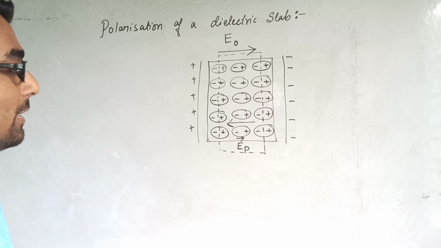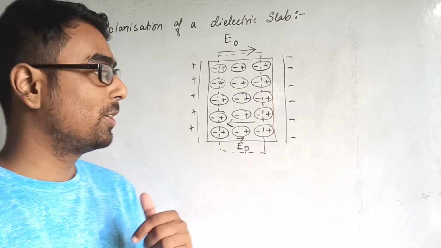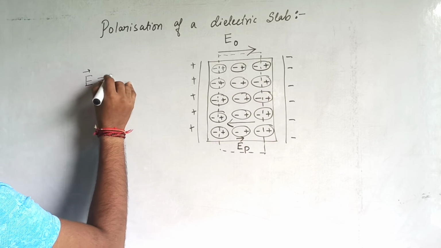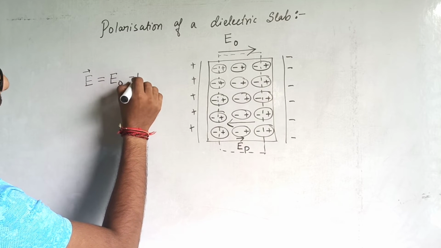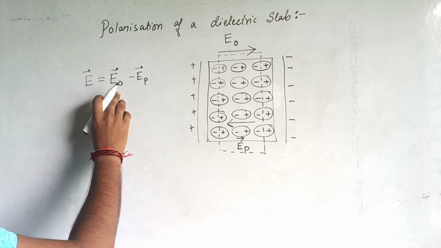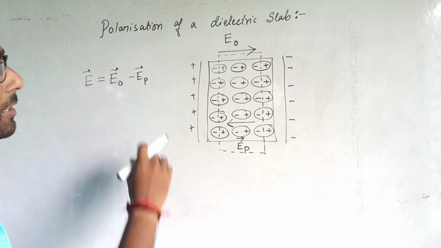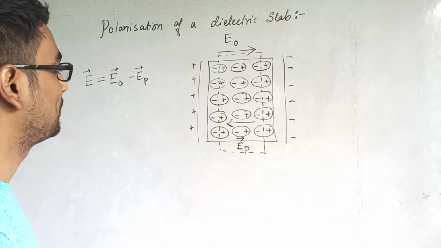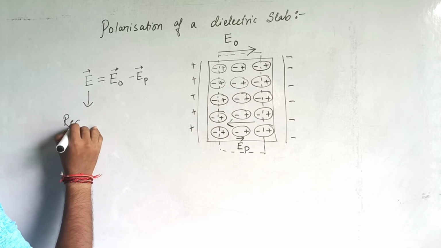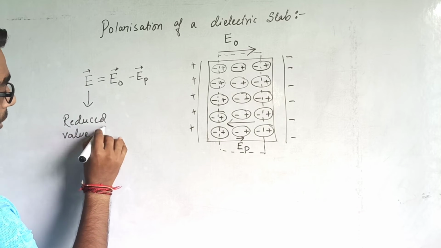So you can see the net electric field will reduce. So we can write E is equal to E0 minus EP, with vector sign. E0 is the electric field which has been applied, and EP is the electric field due to polarization. Okay, and E is known as the reduced value of the electric field.